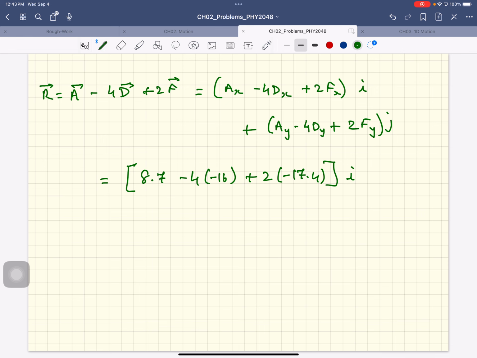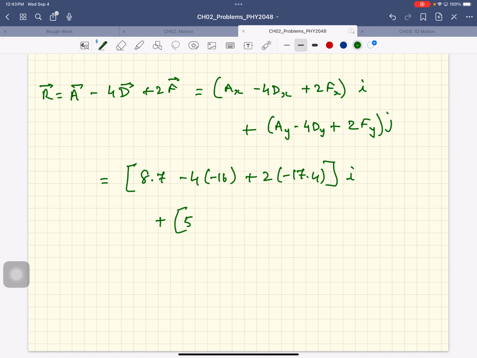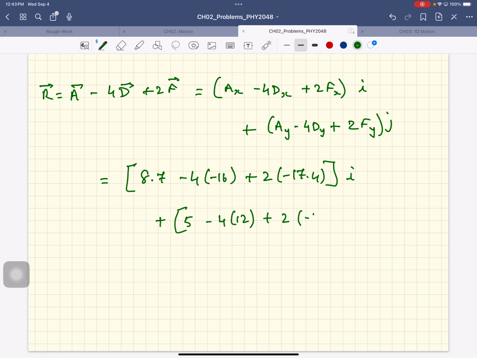There is the x component, and similarly for y.